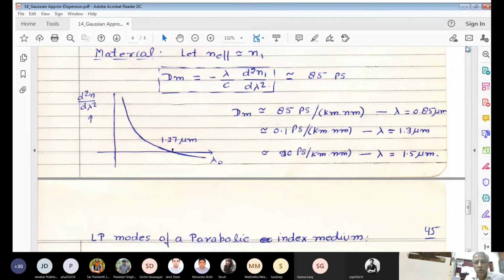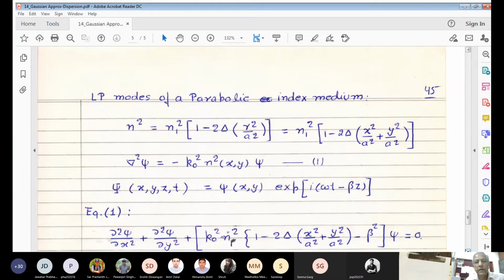So in order to show this through wave optics also, I will take one particular example, an infinitely extended parabolic index medium, right? By infinitely extended parabolic medium, I mean that this parabolic variation in the refractive index extends up to infinity. Although this is not true in practice, because after the core ends, you would have a cladding.